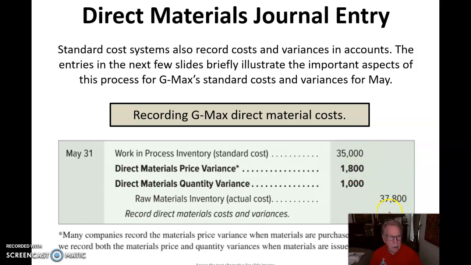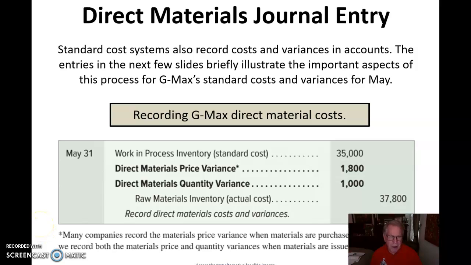So we have $2,800 of difference here, and we calculated that. Part of it was price variance, $1,800, and part of it was quantity variance, $1,000. And so that accounted for that difference. Now, I should point out that many companies record the material price variance when the materials are actually purchased.